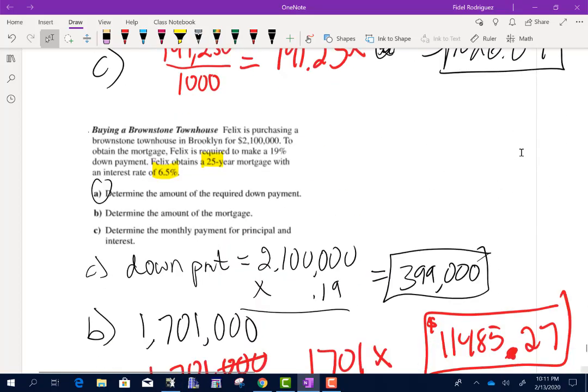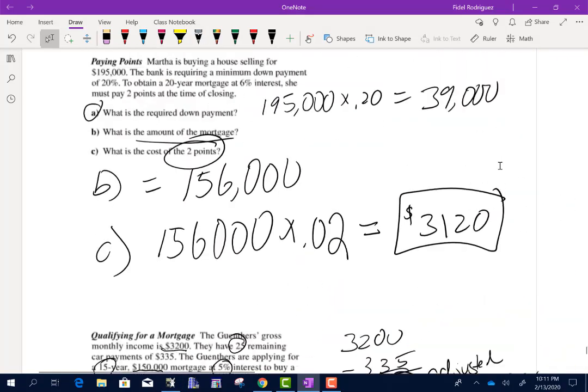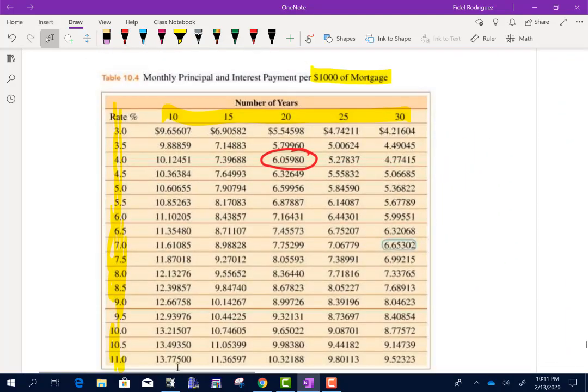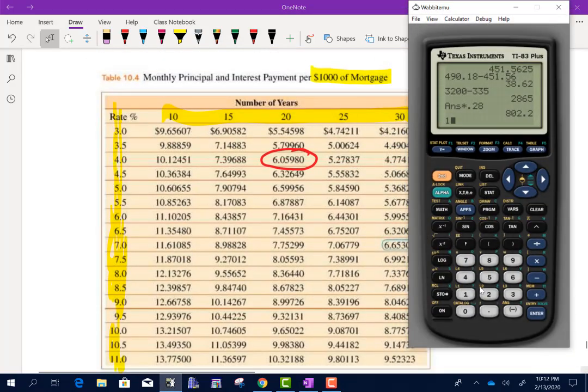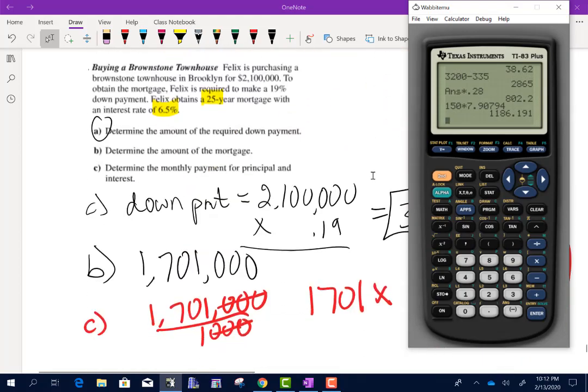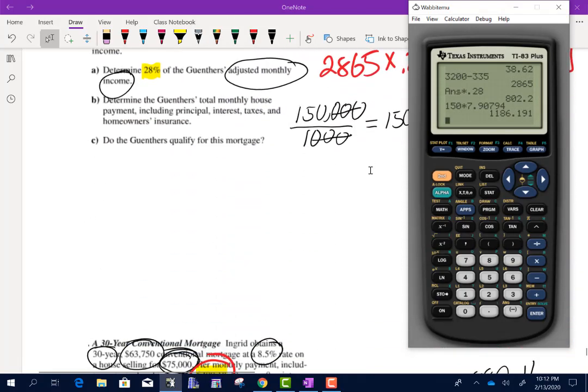Let me grab my calculator. Oh man, what was the number we had? Was it 150? Yeah. So let's take 150 times, for 5% in 15 years, 7.90794. That gives me 1186 and 19 cents.